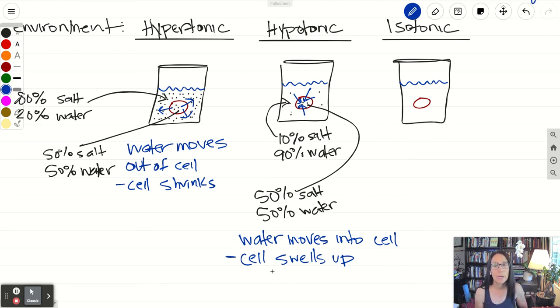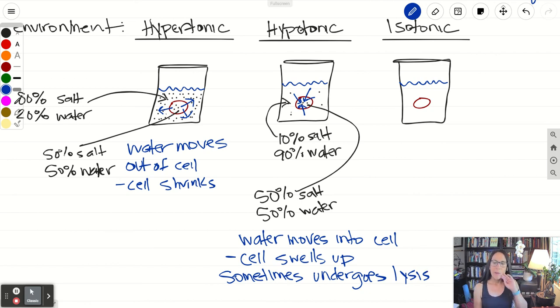Sometimes it undergoes lysis, which means to burst.